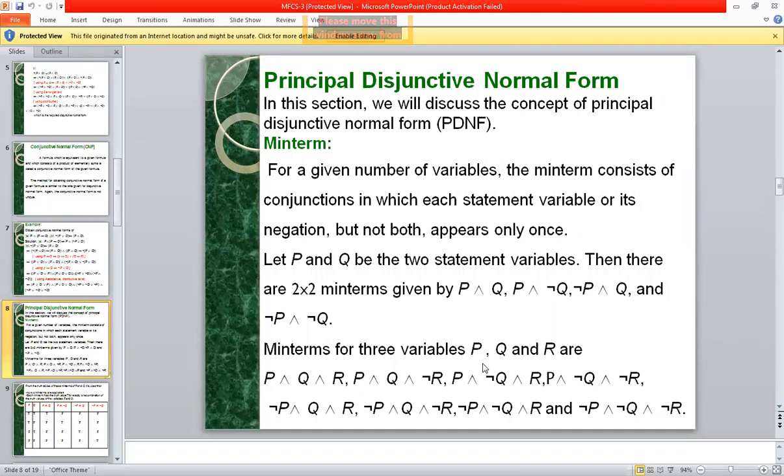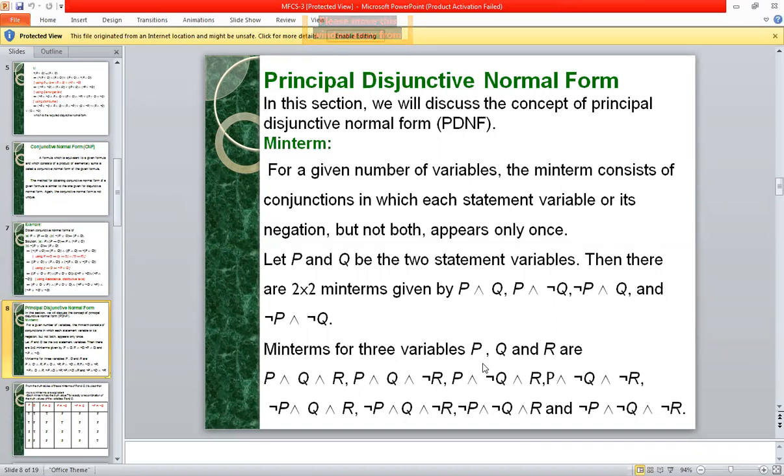For example, an example of a non-minterm is P and negation P and Q. Why? Because the variable P and its negation both appear in the elementary product.